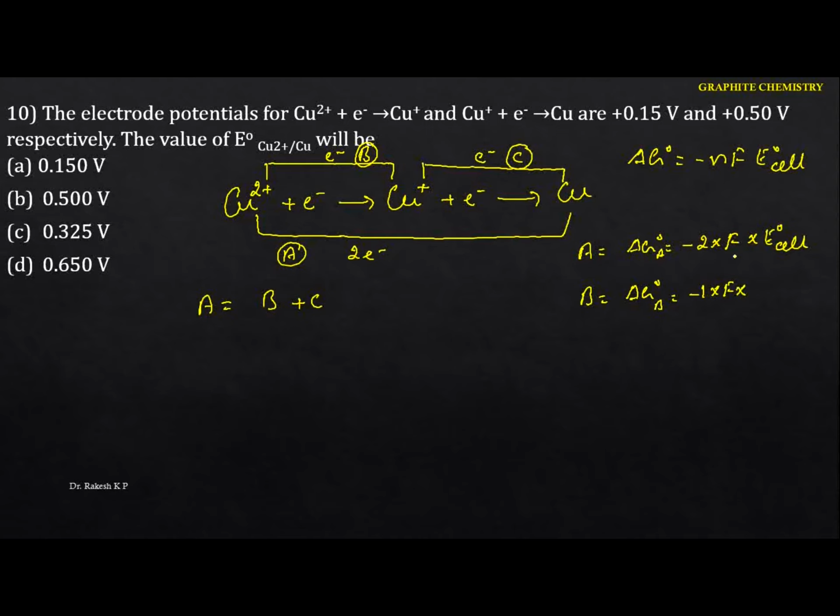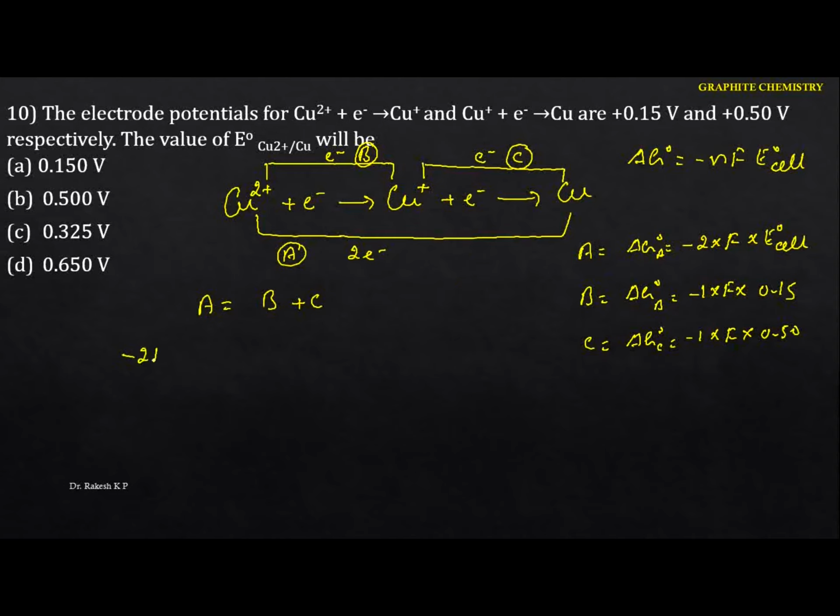So what is the E naught cell value for Cu2 plus to Cu plus? They've given 0.15. Similarly for C, how many electrons does it require? It requires 1 electron, into F into which value? The value they've given is 0.50. So let me substitute the values here.